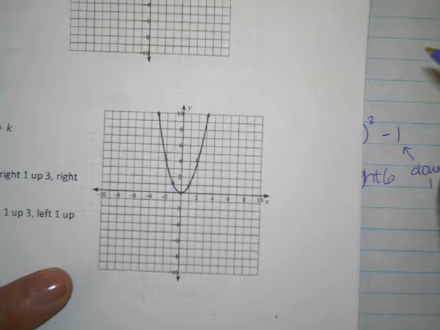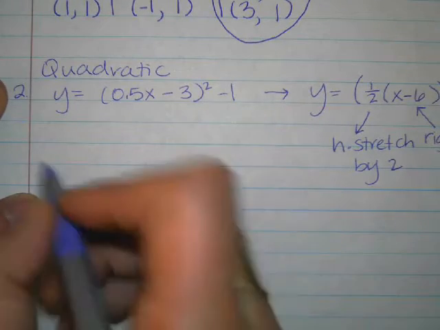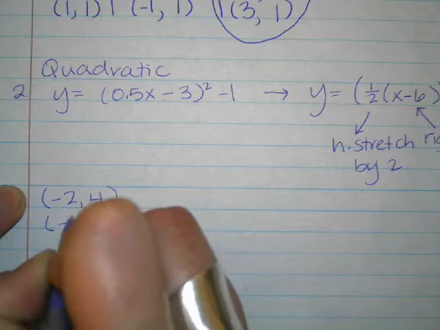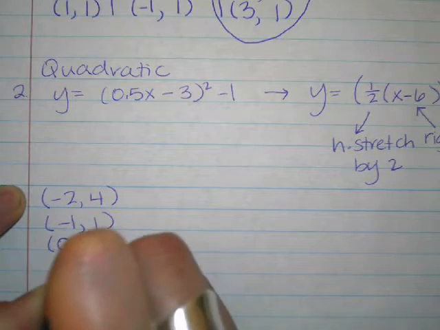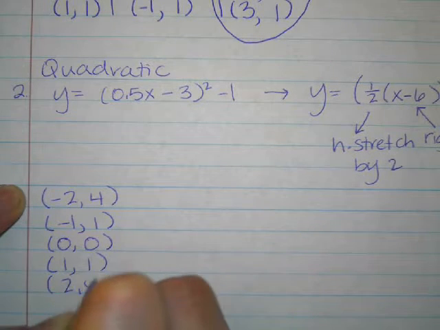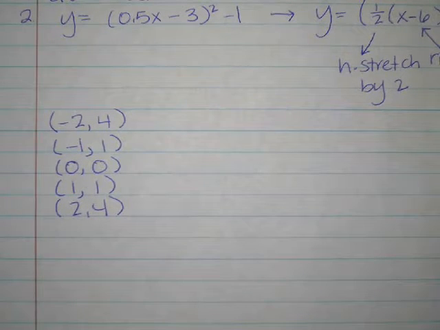So I'm going to do 5 points on this one just so I can make sure I do a good job drawing it. I've got -2, 4, -1, 1, 0, 0, 1, 1, 2, 4. And that's just to make sure I draw a U shape and not a V shape.